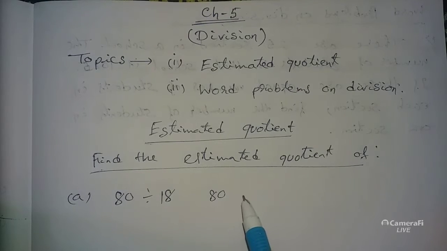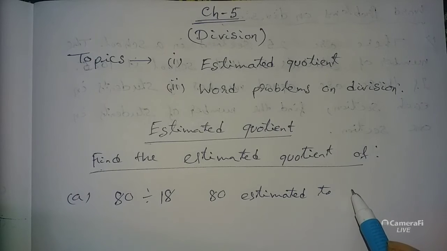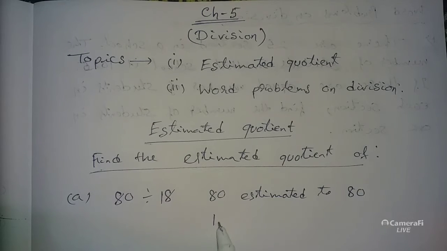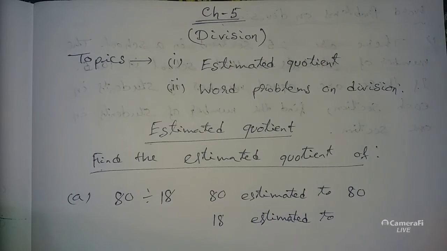So 80 is estimated to what number? To its nearest 10 place, it is already 80. And 18 is estimated to... see its one place.